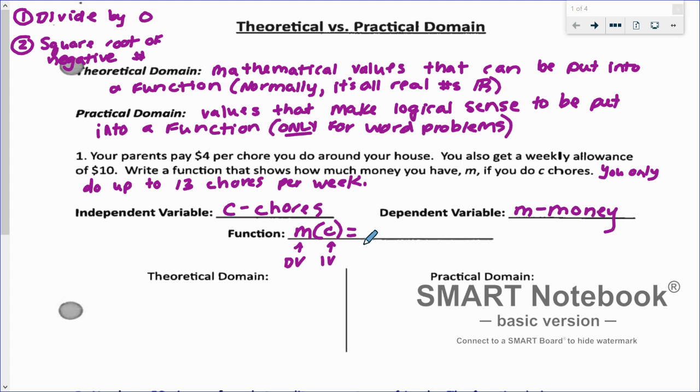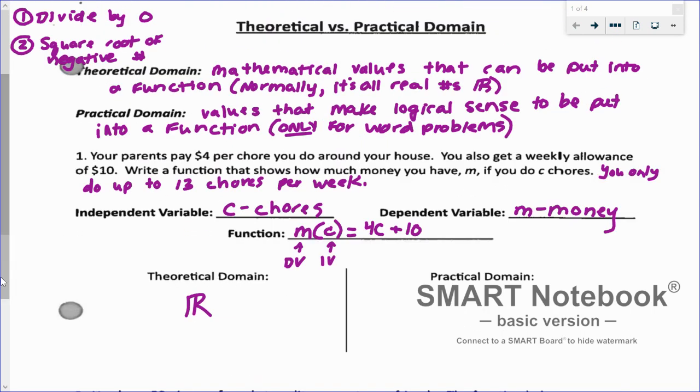And to calculate how much money you would make, you're making $4 for each chore, and you have the $10 allowance. So theoretical domain, what mathematically can go into this equation? I'm going to check in with my rules. Am I dividing by 0 or taking the square root of a negative number? I'm not. So my theoretical domain is all real numbers.